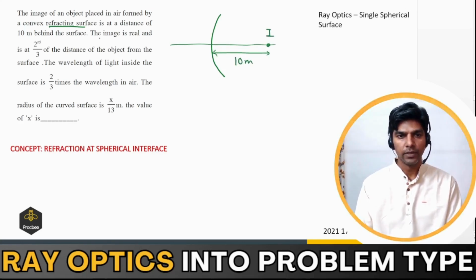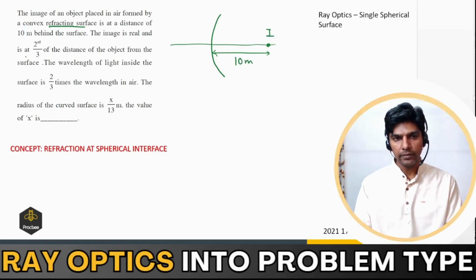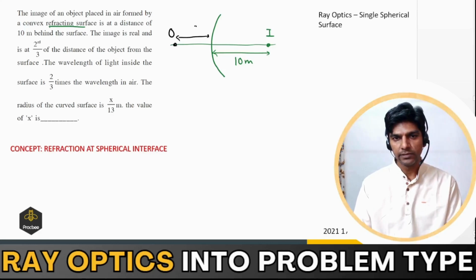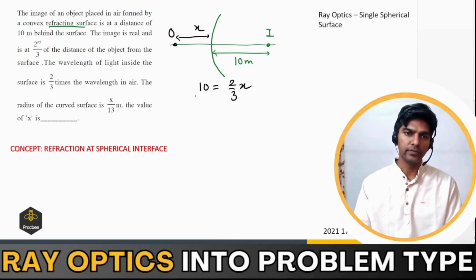The image is real and is at 2/3 of the distance of the object from the surface. So if this is the object and this distance is x, then this distance of the image 10 is 2/3 of x. So that is given.